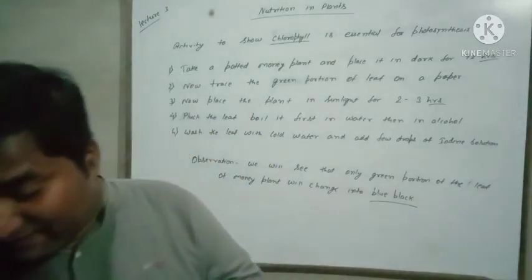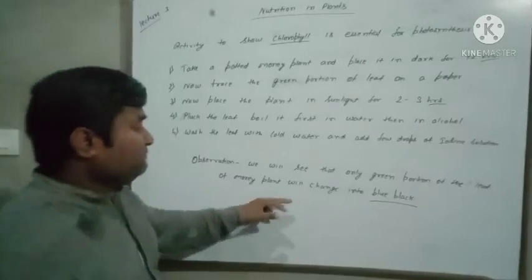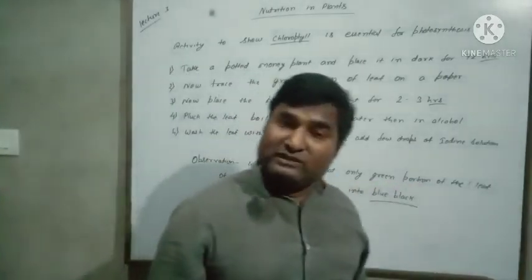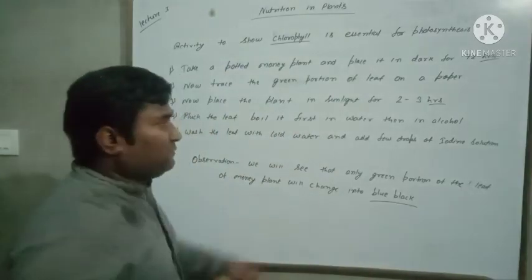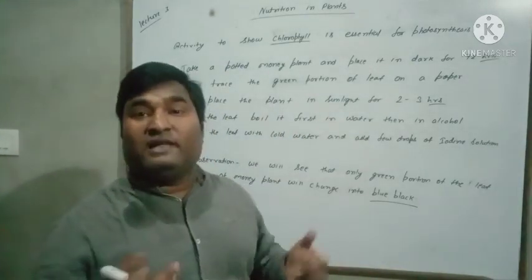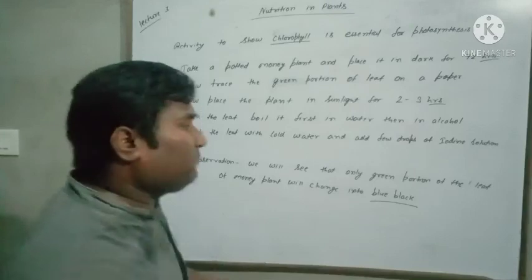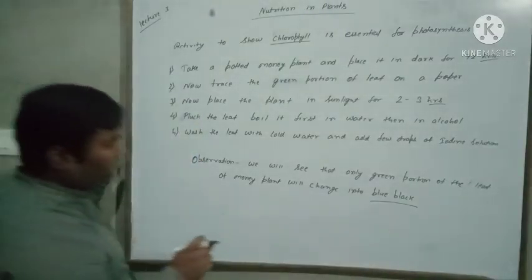So we can say from this activity that chlorophyll is essential for photosynthesis, because the green portion only has the chlorophyll, the yellow portion does not have that much chlorophyll.